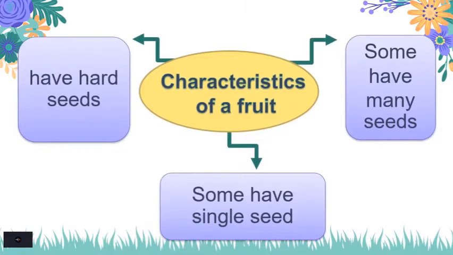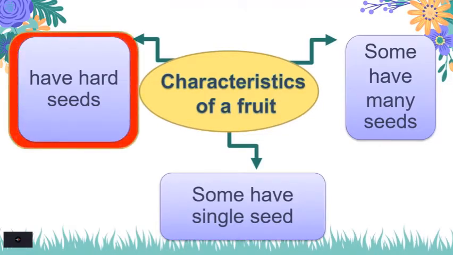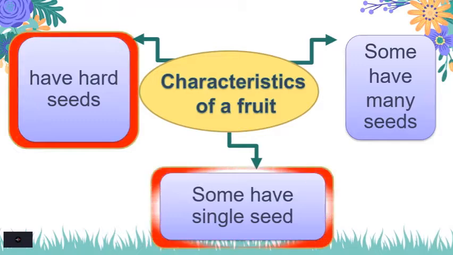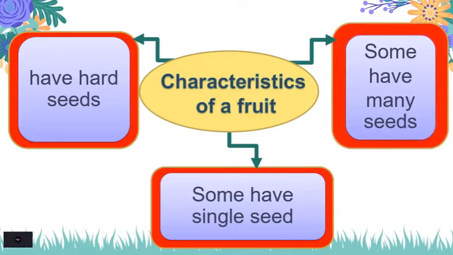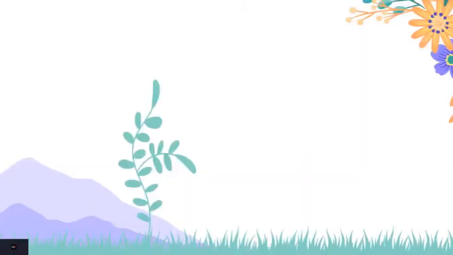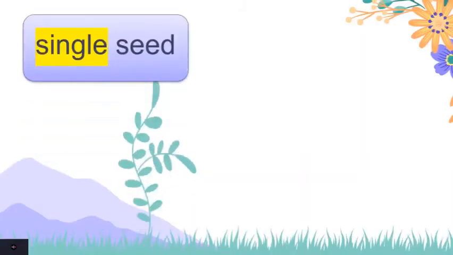Characteristics of a fruit. Some fruit have hard seeds. Some have single seed. And some have many seeds. Single seed, meaning the fruit only has one seed inside.